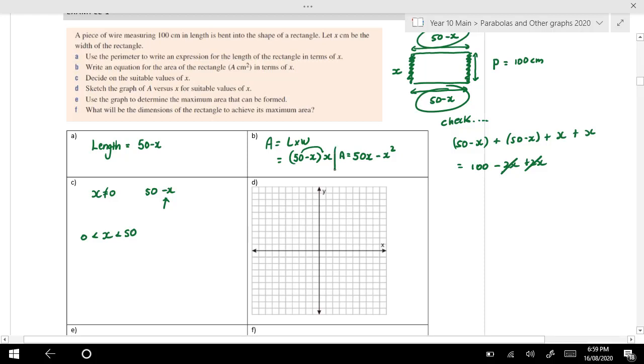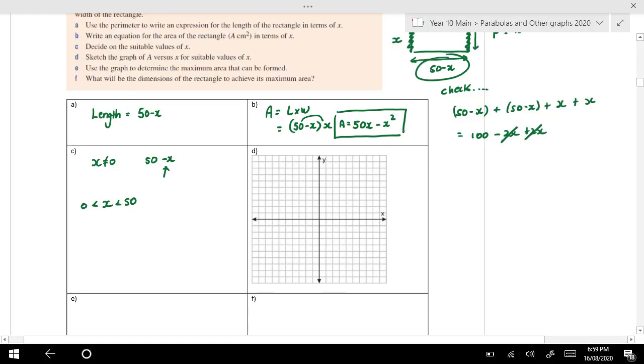Let's go ahead and sketch this. We've got this thing which I said is a quadratic parabola. First of all, let's sketch that, and we're going to find where a equals 0, like the y-intercept. So the a-intercept is like the y. We'll let x equal 0.